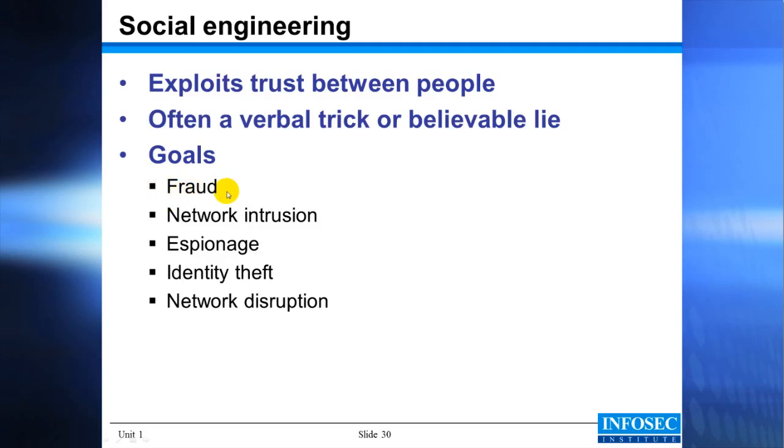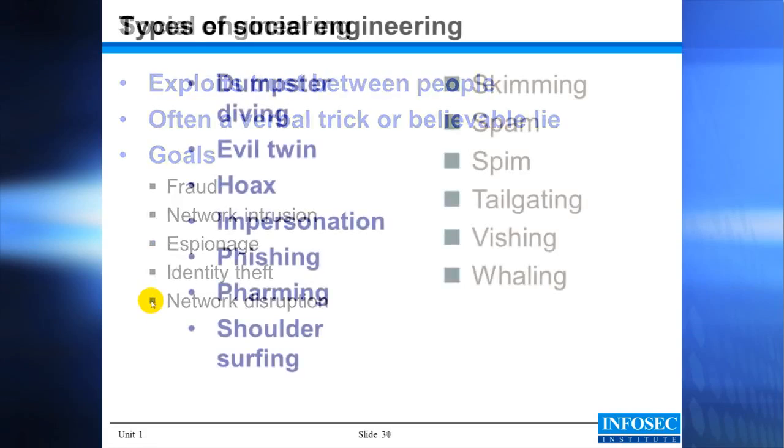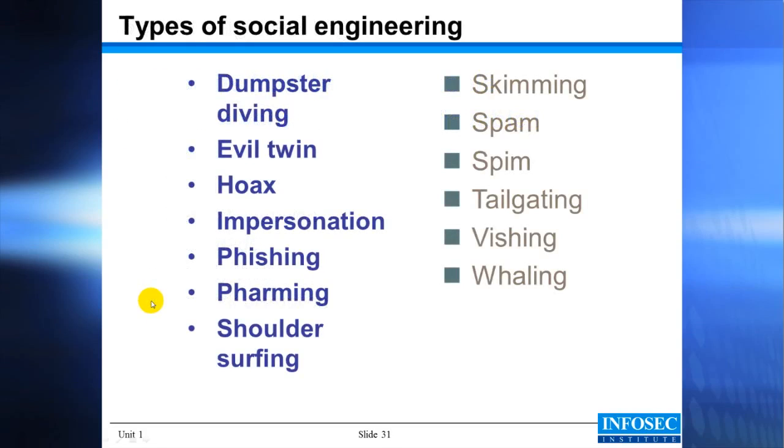They steal information about a user to commit fraud. They attempt to break into networks. They will perform corporate espionage on one another, and at the very least, they can also throw in a denial of service, causing the network to be unavailable.